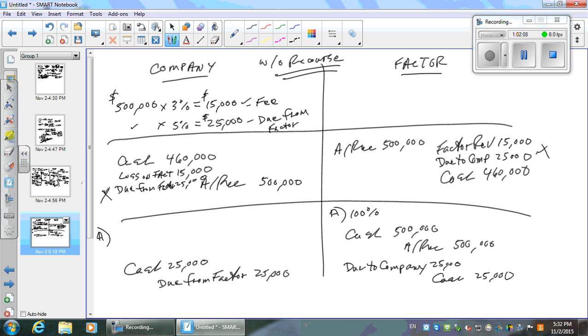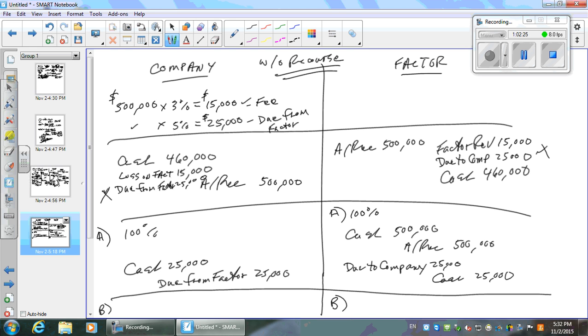All right, gang, let's make life a little more difficult. This is without recourse, right? Let's say in B, instead of collecting 100% of it, let's say they collect $480,000.